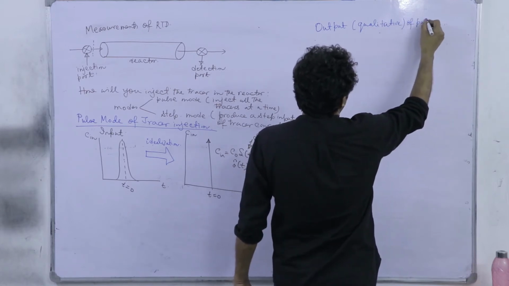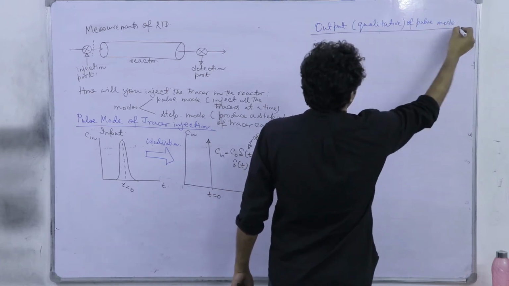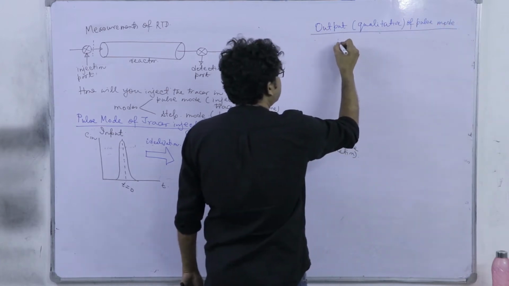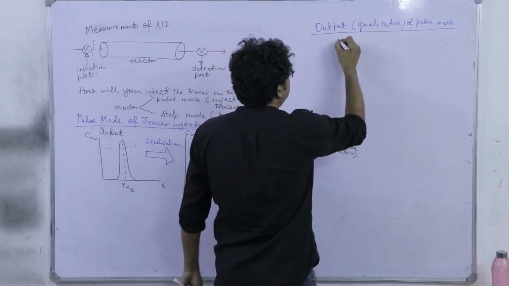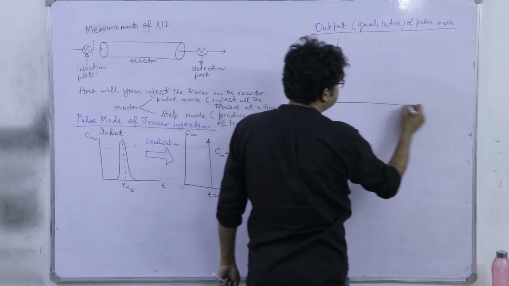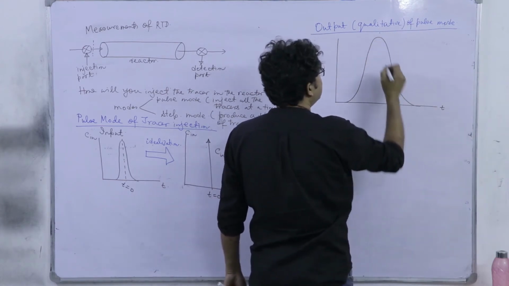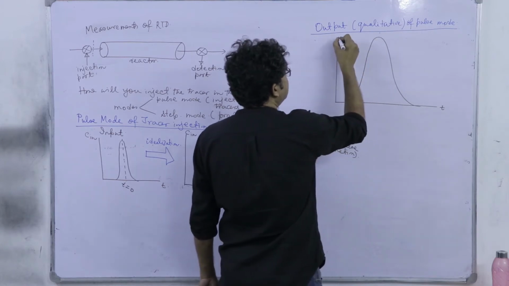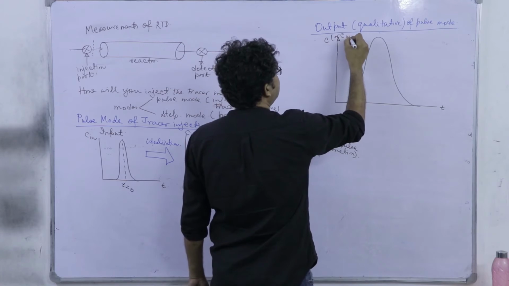Output of pulse mode. We will get something like this. We may get something like this, right. So, this is C out. C in and C out are the same.